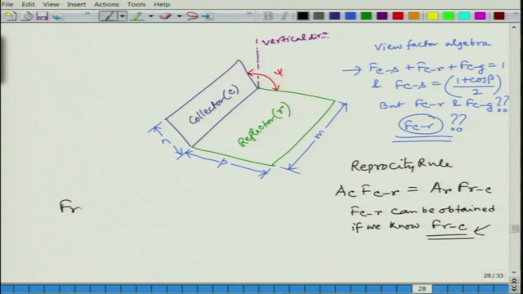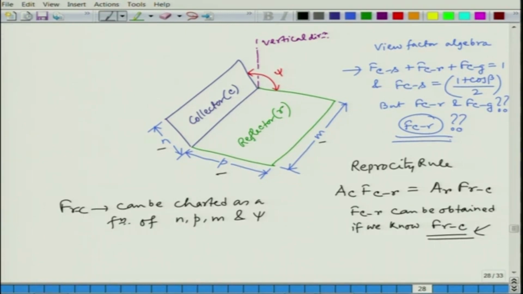So, this FRC can be charted as a function of these different parameters, right, N, P, M and psi. Okay, these 4 parameters will tell us what would be the value of FRC, and that can be obtained purely from geometry.